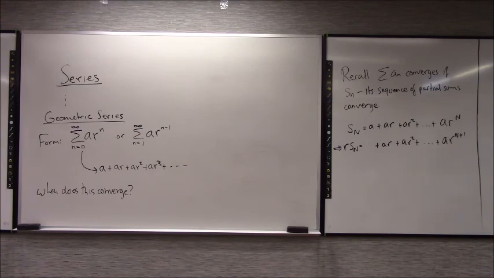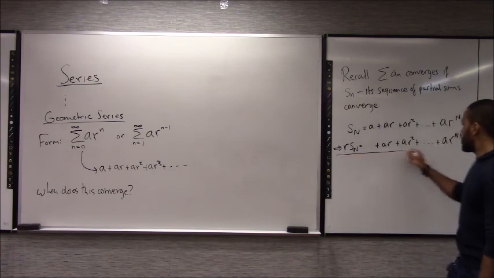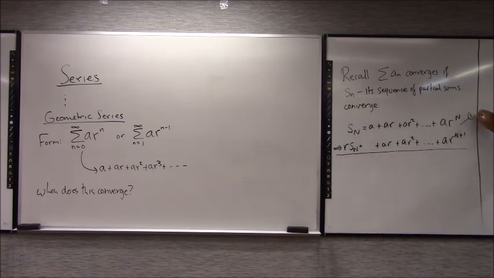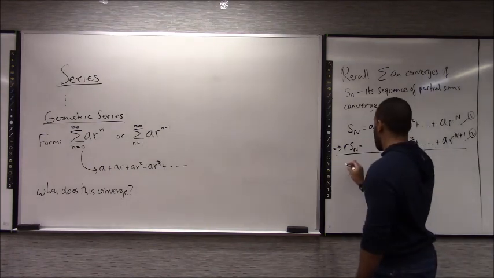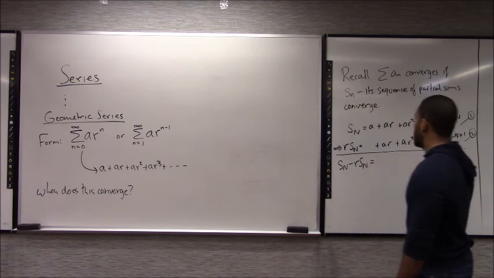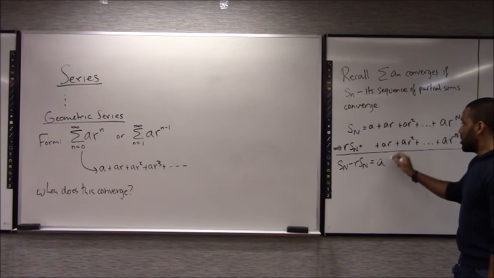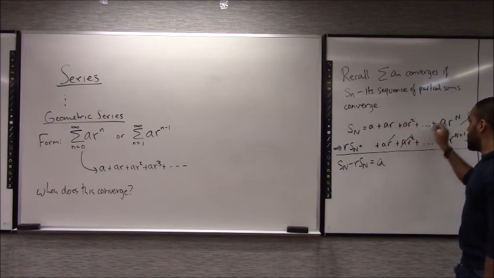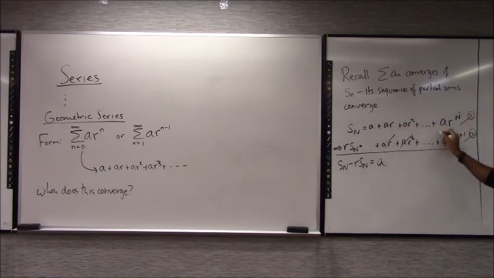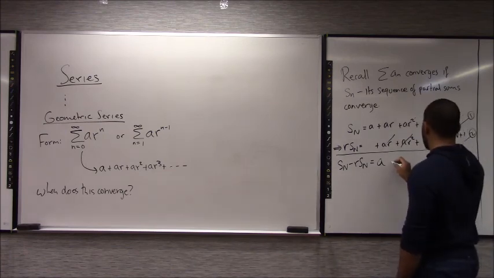But what we're going to do is subtract. If this was equation 1, that was equation 2. If I take s sub n minus r times s sub n, then it's going to be a minus 0, this minus that, and so on. It's going to be this minus the one over here, and we would be left with a minus ar to the n plus 1.